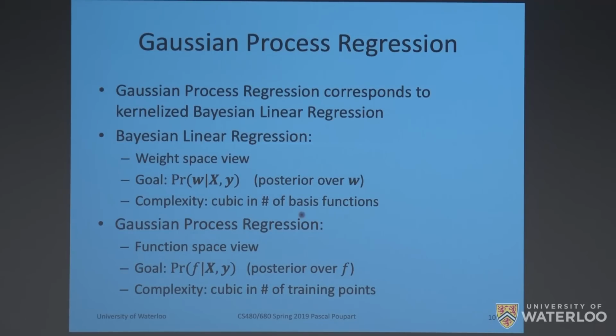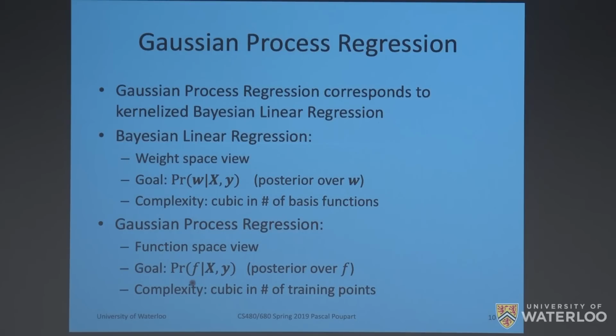If we work with a mapping phi, then it's going to be cubic simply in the number of basis functions. But when we work with a Gaussian process, we are working in the function space view.